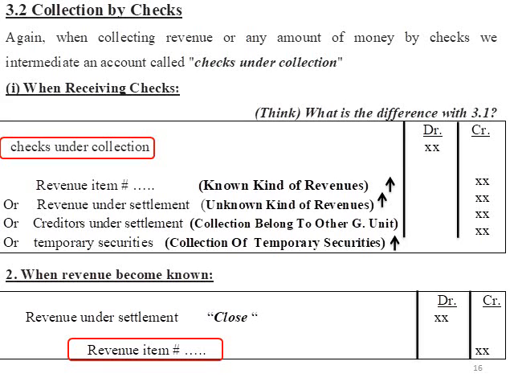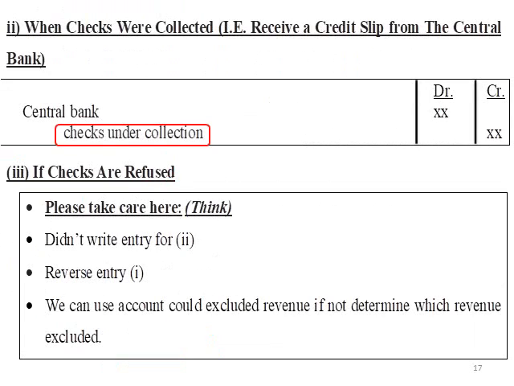And also if the unknown revenue becomes known, the same thing, we will close revenue under settlement and open revenue item and put the item. If this cash is accepted or collected, very easy, we will close cash under settlement and put central bank.